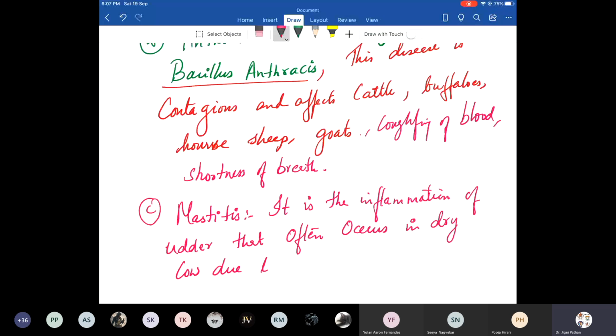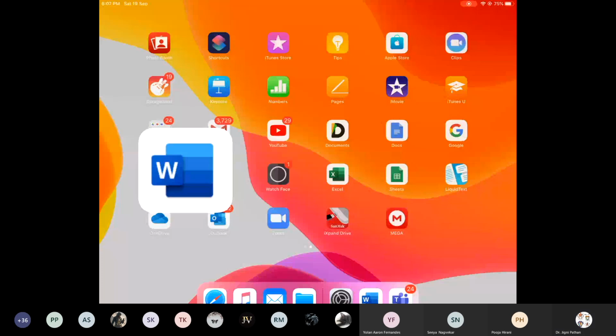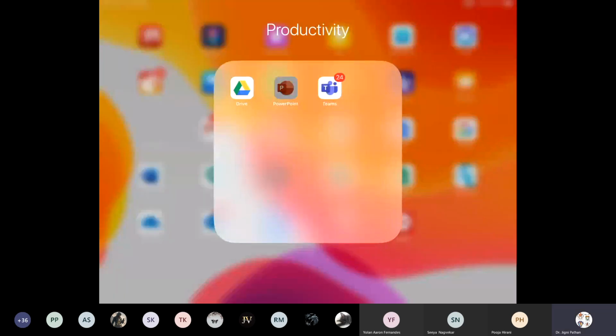What is this term? Anybody? This part is called the udder. Clear? Can you see the screen?